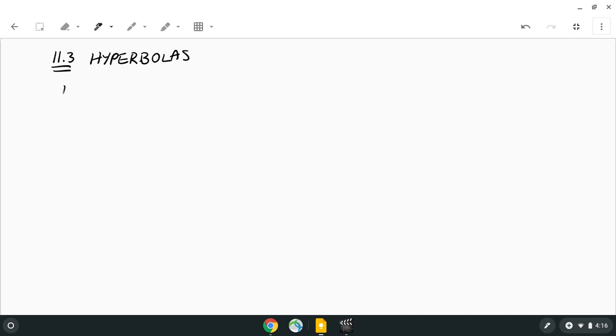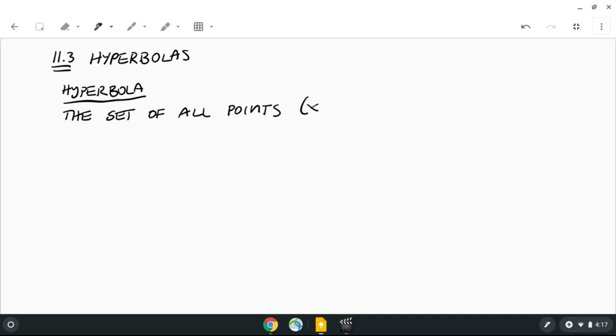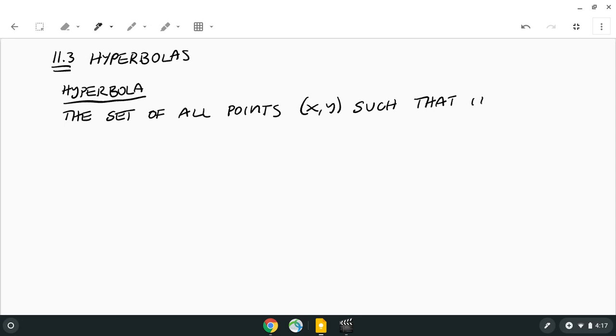Okay, so let's start with a geometric definition of what a hyperbola is, similar to the way we did for the parabola and the ellipse. The hyperbola is the set of all points xy such that its difference.